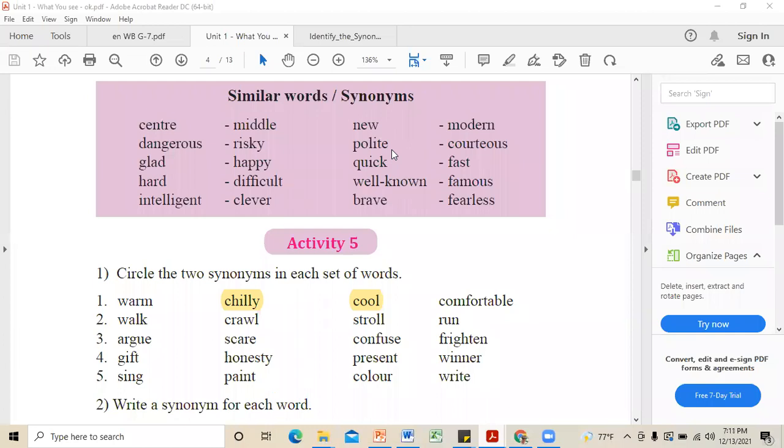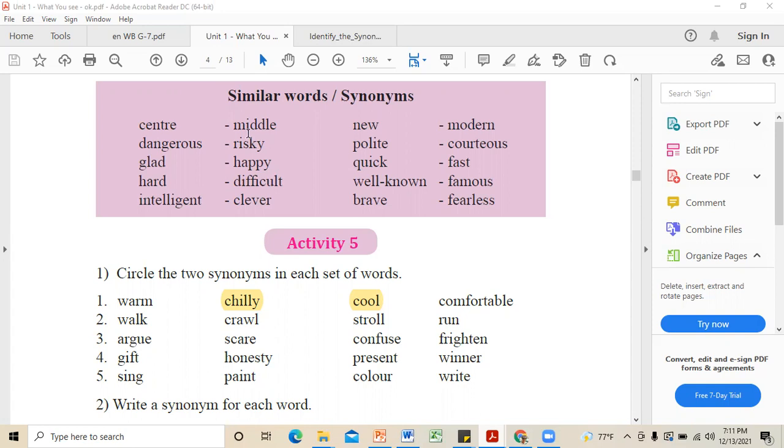Right, okay. So good evening to all of you. I hope you might remember what we discussed during the last lesson. So we started discussing synonyms, right? So what do we mean by synonyms? It is similar words, right? So another word which I can use in place of a particular word. So we discussed center and middle.